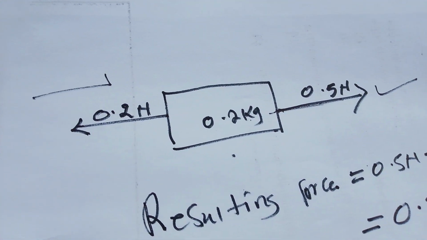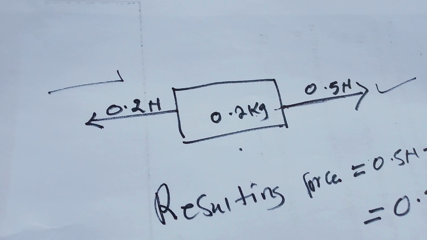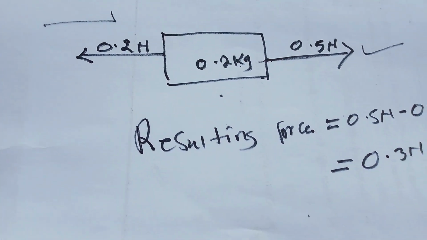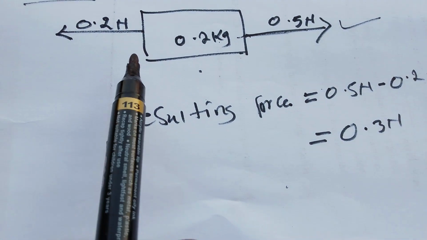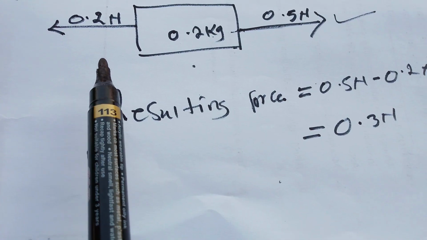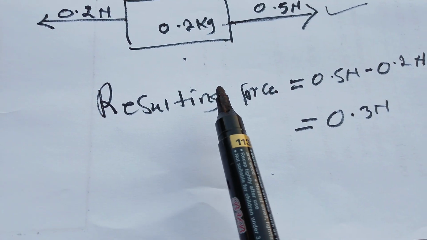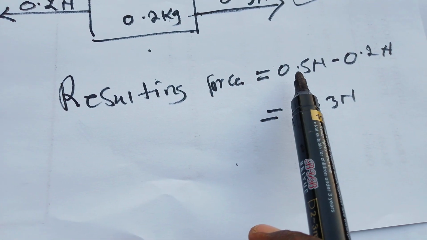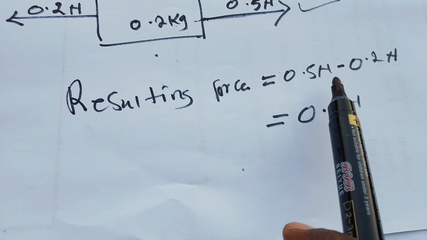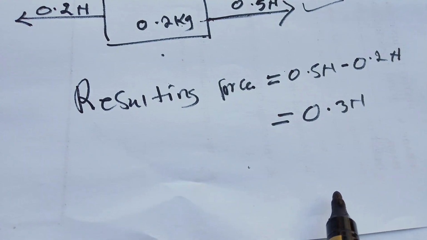We have a force acting on a body of 0.2 kg, and a friction force of 0.2 Newton. The first thing is we find the resulting force, which is 0.5 Newton minus the friction force, which gives us 0.3.